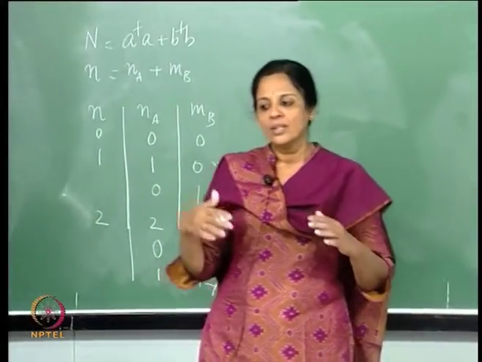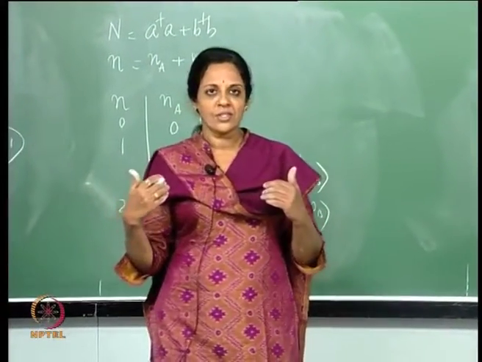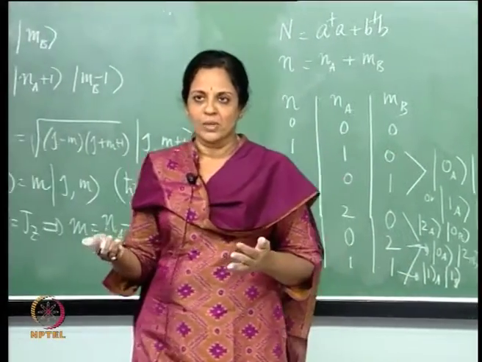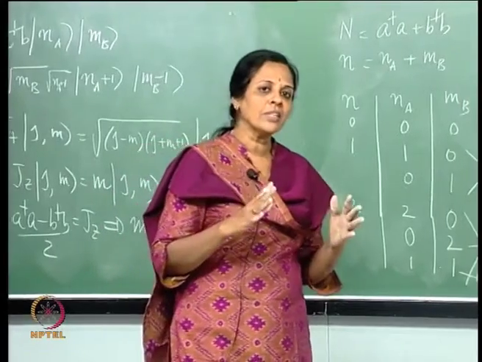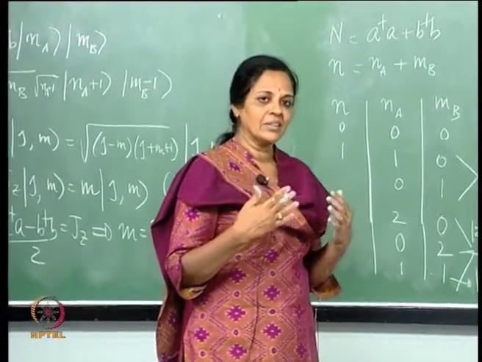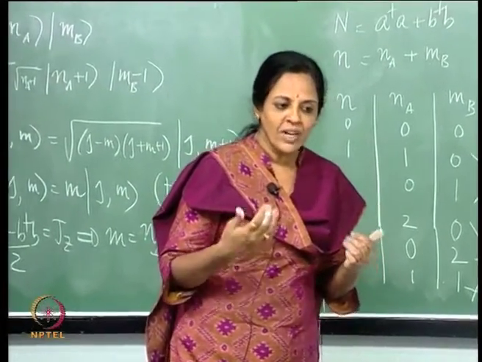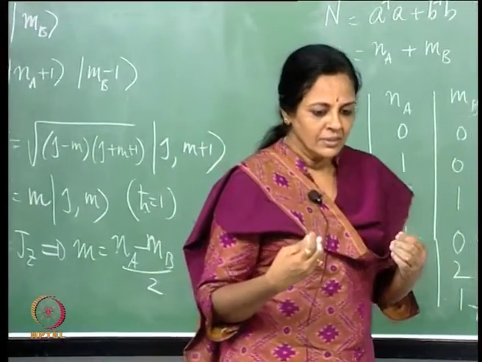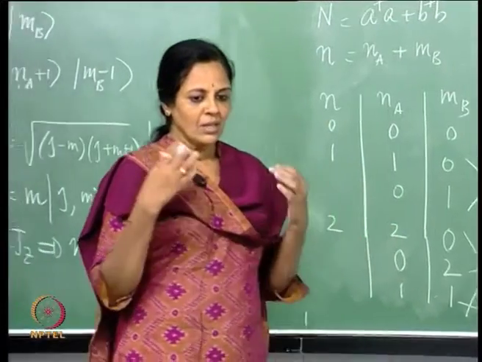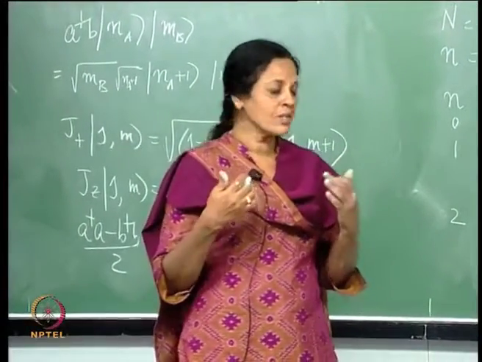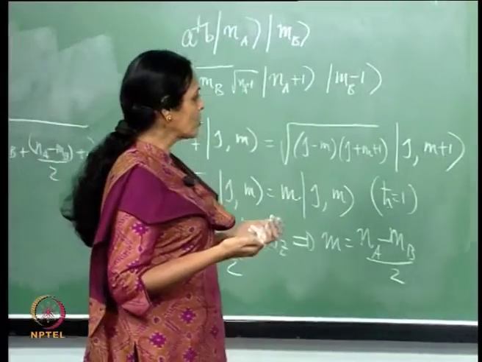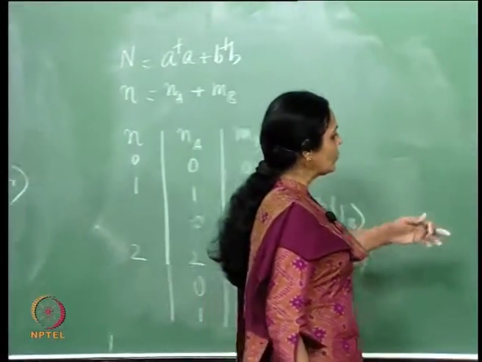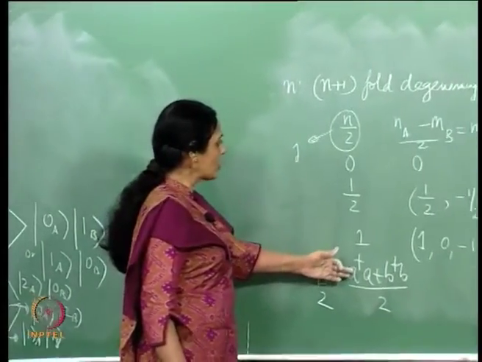We have shown that starting with two oscillators which do not interact with each other, we can produce the angular momentum algebra by suitable combinations of A dagger, A, B and B dagger. We have identified Jx, Jy and Jz. We have identified J plus and J minus, and also checked out that little j, small j, can only take values 0, half, 1 and so on.